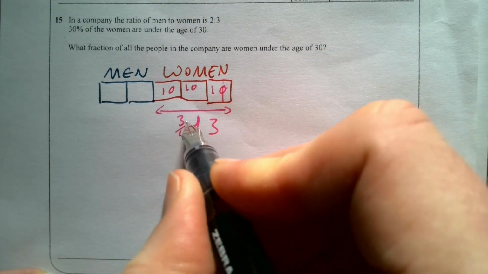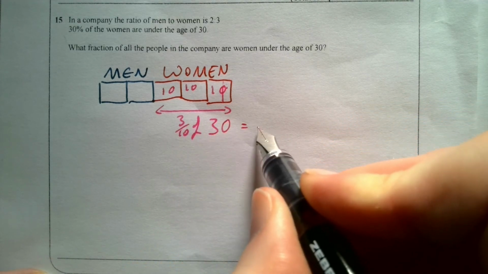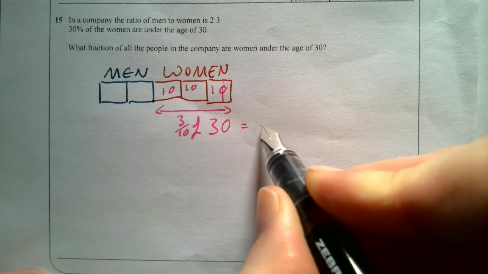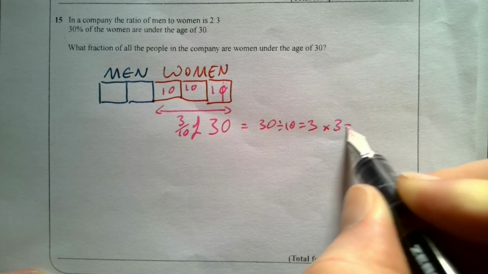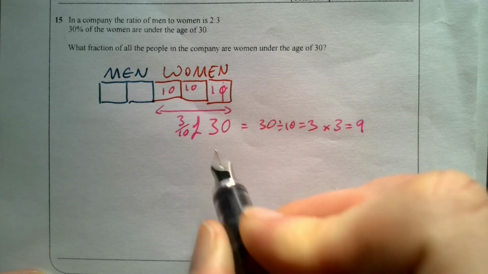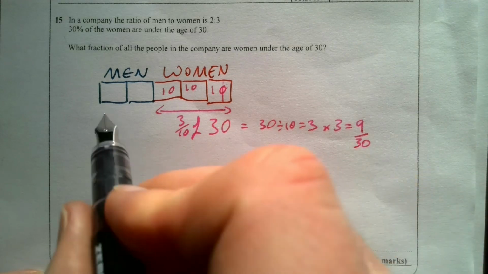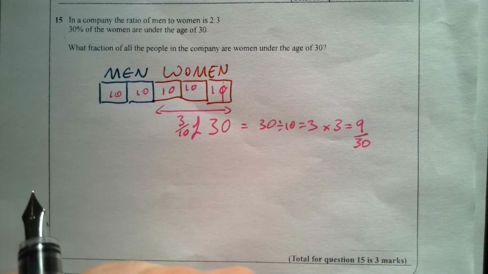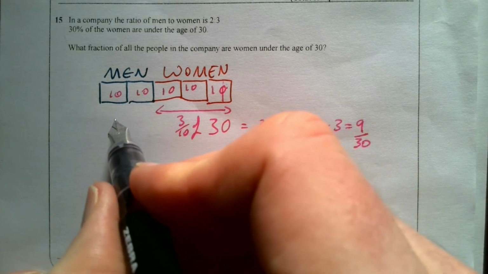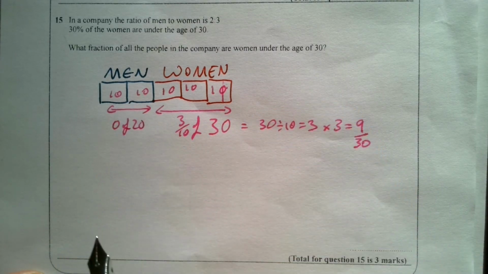So I'm going to have 3/10 of my 30 women. Well, that's going to be 1/10 would be 3, wouldn't it? So 30 divided by 10 equals 3, and then we have 3 of those would give us 9 out of our 30, but we've also got another 20 people there, and there's 0 of those 20 who are women under 30, isn't it?